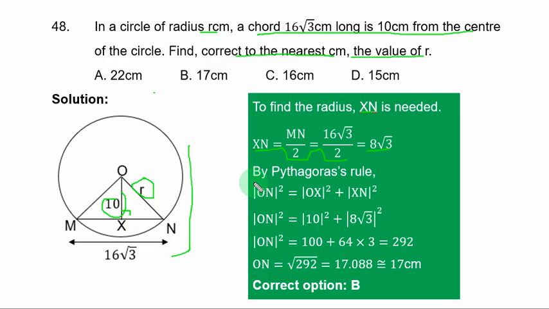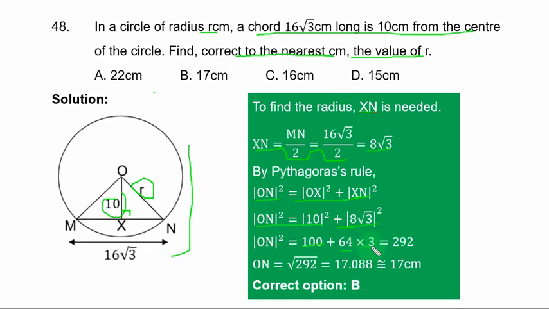To find R, because you have a right angle triangle, you use Pythagoras rule. The hypotenuse ON is the radius, so you have sum of squares on the other side. So ON squared is equal to OS is 10 all squared plus SN is 8√3 all squared. If you square 10, you have 100, plus if you square 8, you have 64, and if you square √3, you have 3.